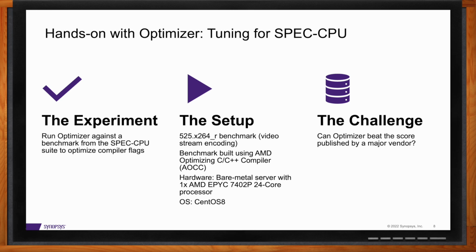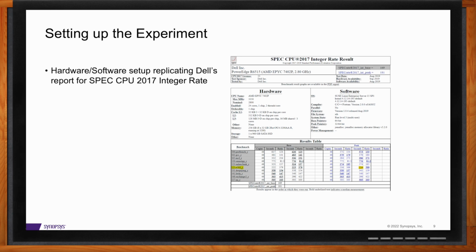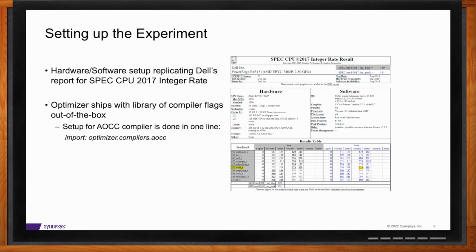That's great. So, how would you set up this experiment? What we did was look at the report that was provided and published, in this case by Dell, and we tried to replicate exactly the setup that they had in terms of hardware and software. And we looked at optimizing the compiler flags for the AOCC compiler. That's the AMD compiler. Now, I mentioned earlier that this tool Optimizer makes it very easy to set up experiments.